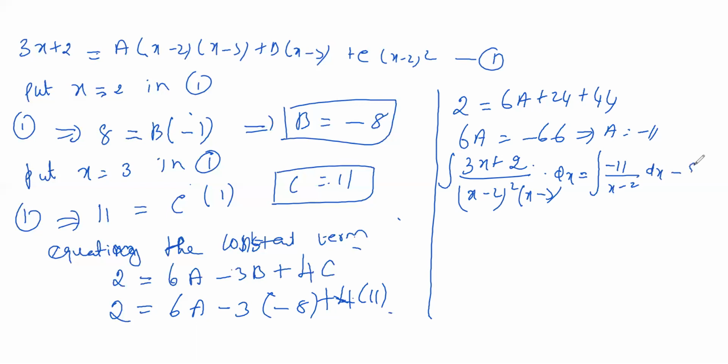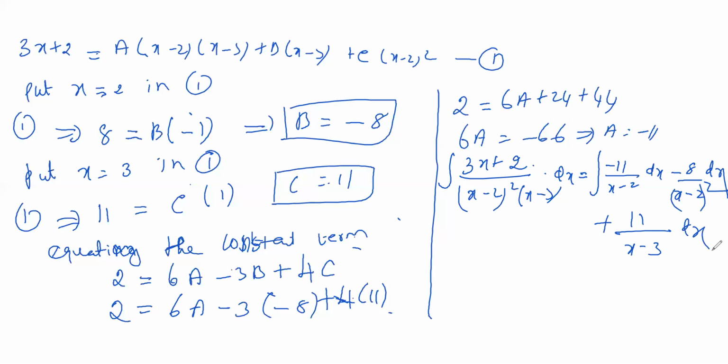Second one is minus 8 by x minus 2 the whole square into dx, and the third one is plus 11 by x minus 3 into dx. The same step I have given with the integration itself, so that we can skip some more steps. We need not go for so many steps, so in that itself I have given the integration.